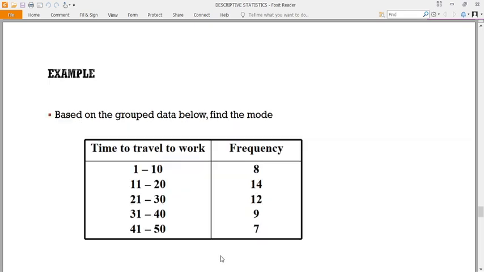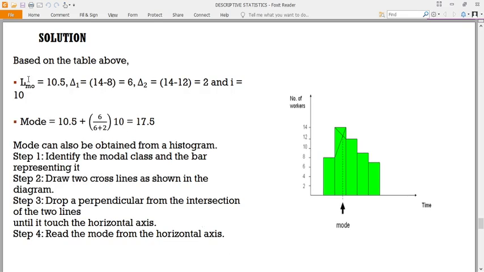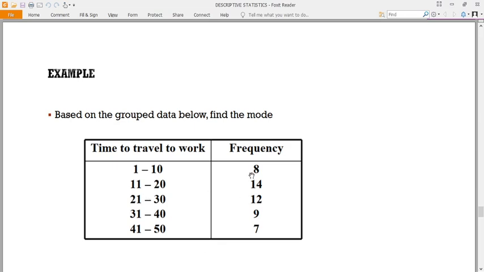Looking at the same example, what is our class with the highest frequency? We come to the frequency column. The highest is 14, and this is the class limit 11 to 20. But what is the lower class boundary of 11? That will be 10.5.